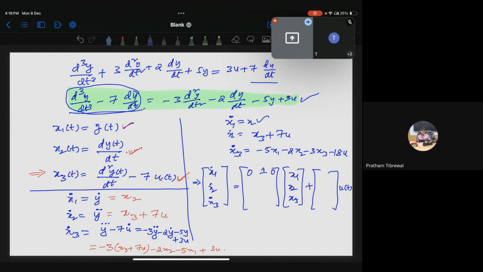The second row is 0, 0, 1, with input term 7. The last row is minus 5, minus 2, minus 3, with input term 18. Is this clear now? Check once.